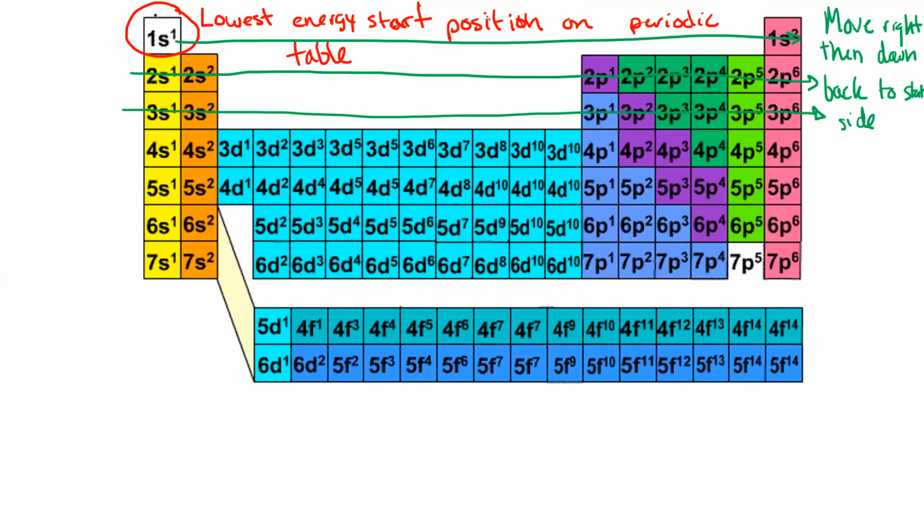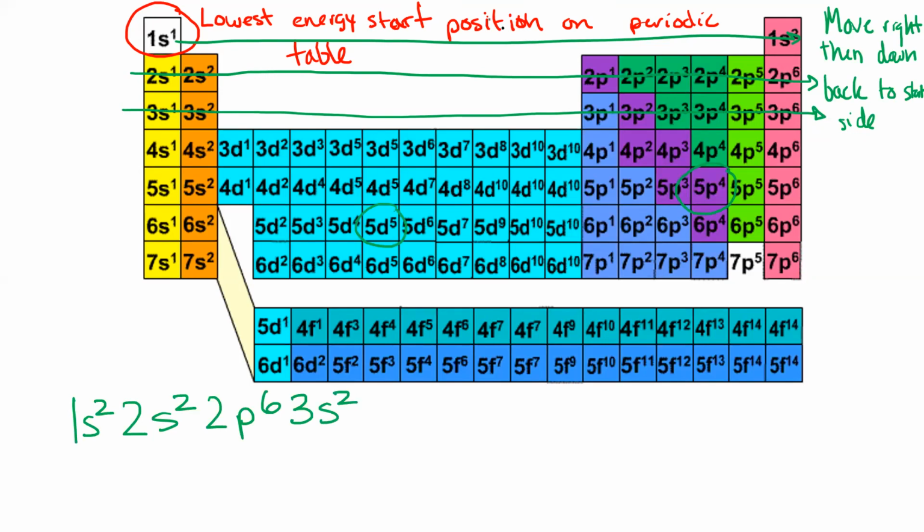So if I were looking for an atom over here or an atom over here, then you literally start writing the electron configuration. 1s2, 2s2, 2p6, 3s2.